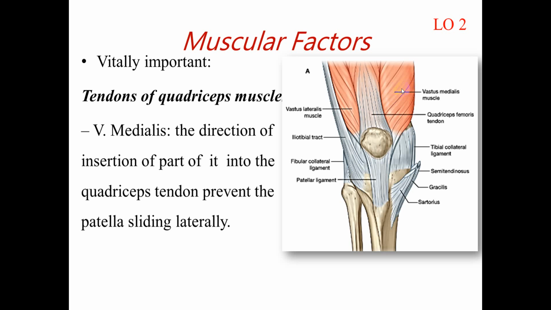You see, there is a transverse orientation of the fibers of the vastus medialis, and this is important to support the patella and to prevent its displacement laterally. The fibers of vastus medialis run transversely toward their insertion in the patella.